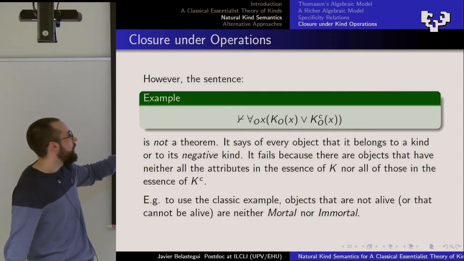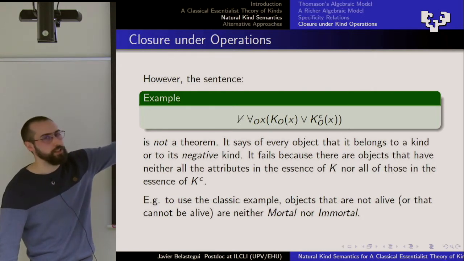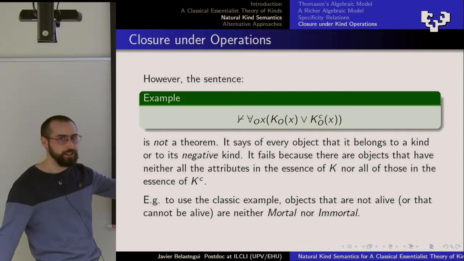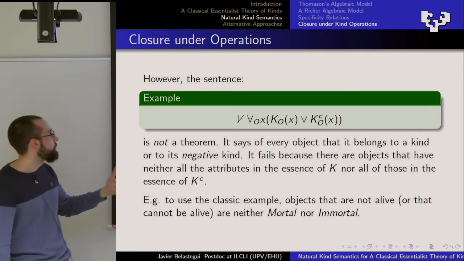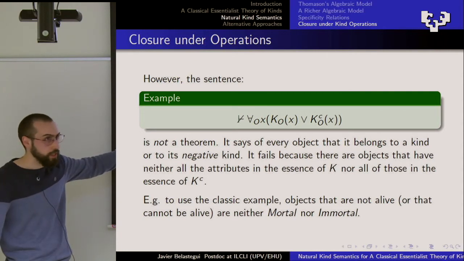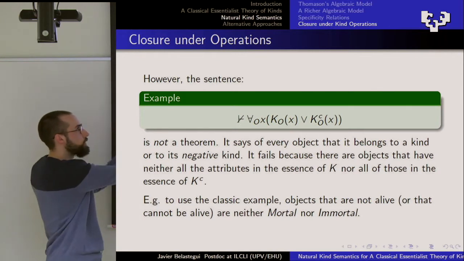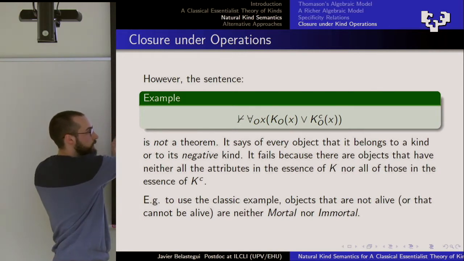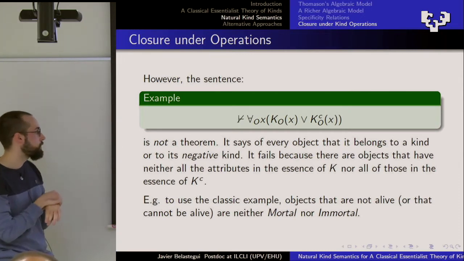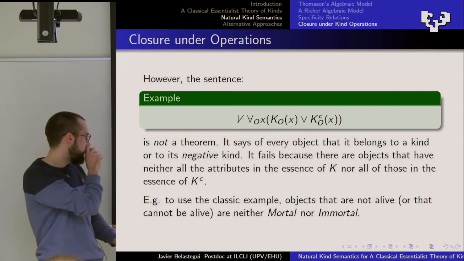This one says that an object either belongs to a kind, or it belongs to the negation of that kind. And so this is not just simply saying that it does not belong to the first kind. Okay? I was not going through the details of the definition of the negation, but the idea is this. This fails because there are some objects that have neither all the attributes in the essence of K, nor all the attributes in the essence of the negation of K. So one example: I think this is by Aristotle, but I'm not sure about that.